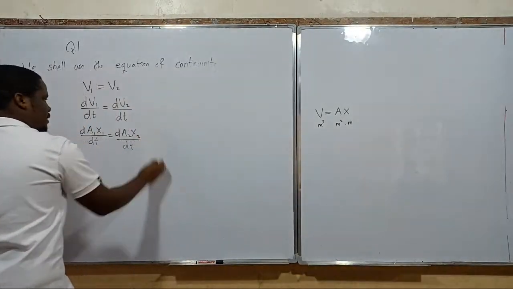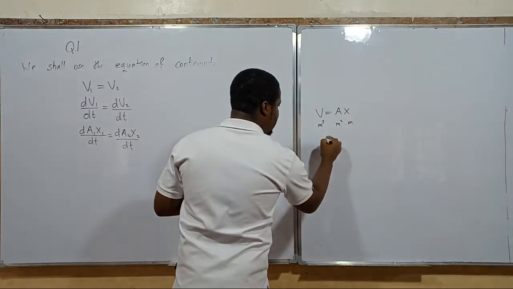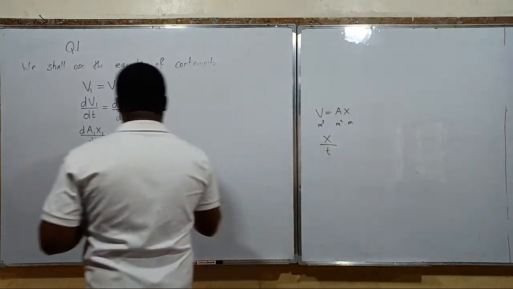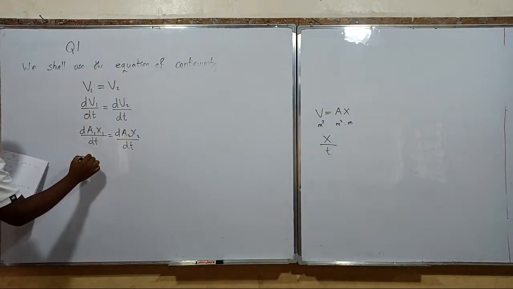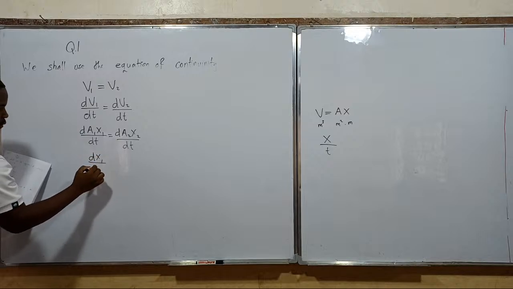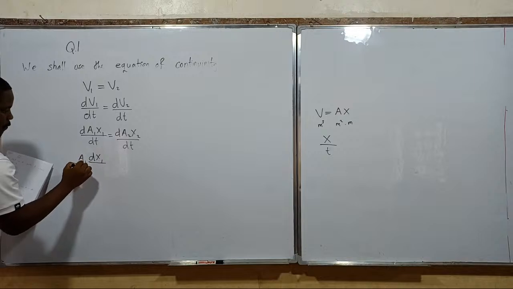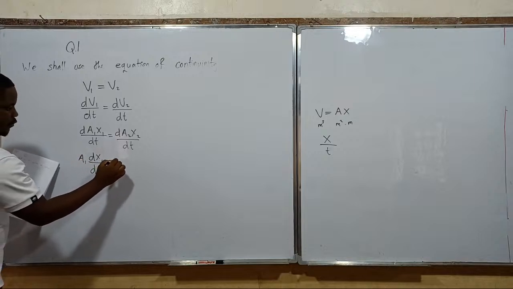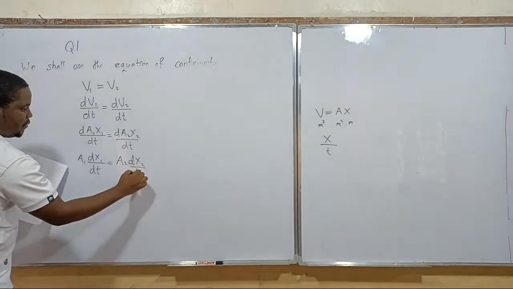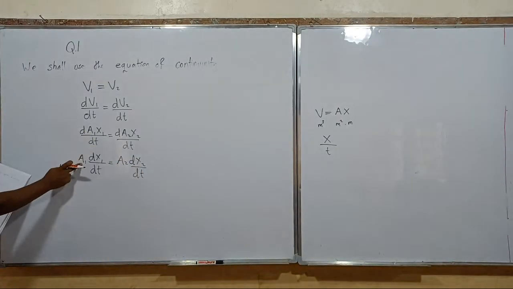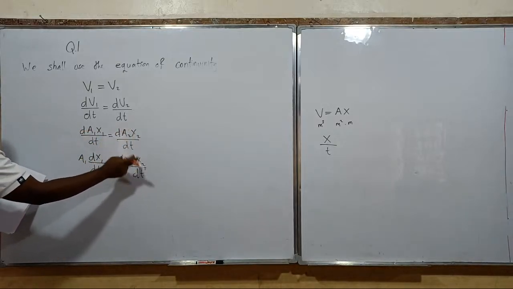Now, velocity. We know that velocity or speed is distance over time. So the change in distance over time is simply velocity. So the x1 multiplied by, where can we put the A? Let's put the A here, over dt, is equal to A2 x2 over dt. It's just the same thing, just rewritten. The A1 goes here, the x over dt. A2 goes here, the x over dt, like that.